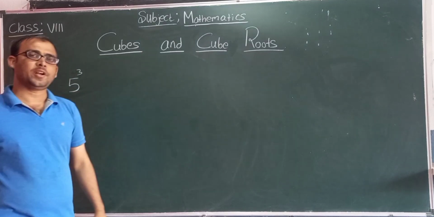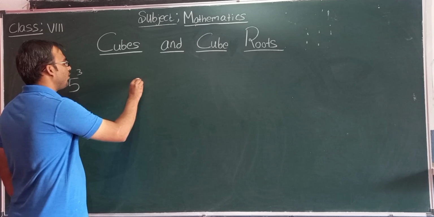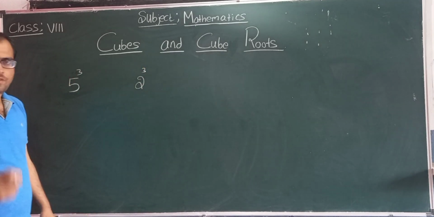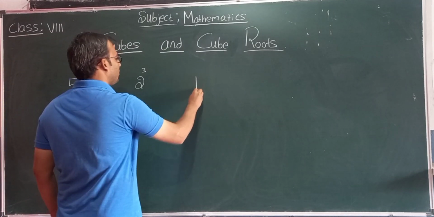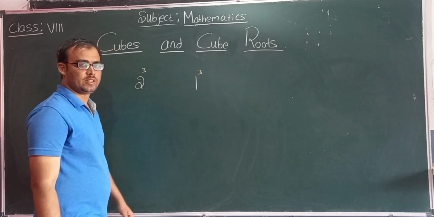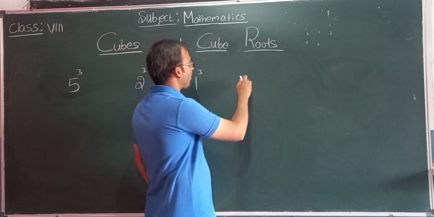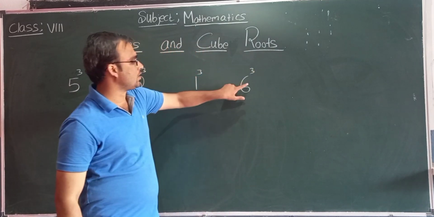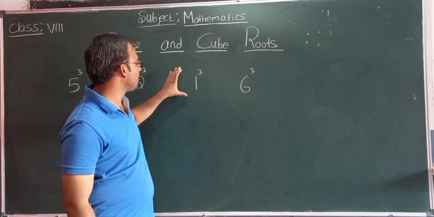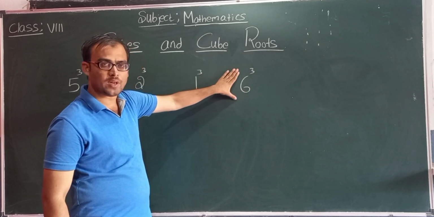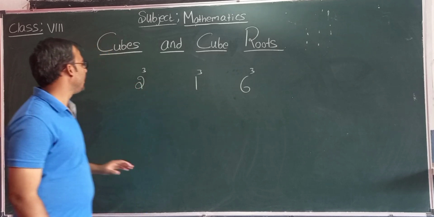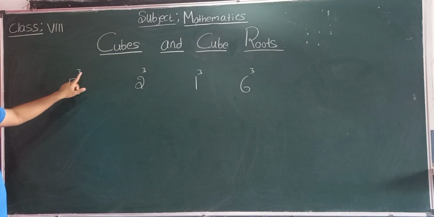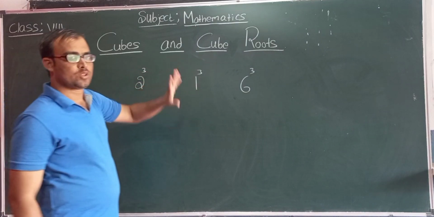If I ask you to write 2 cube, then 2 to the power 3. 1 cube is 1 to the power 3. 6 cube is 6 to the power 3. So this is the way to write the cube of a number. The base may be anything, but when you write the cube of a number, the power is always 3.